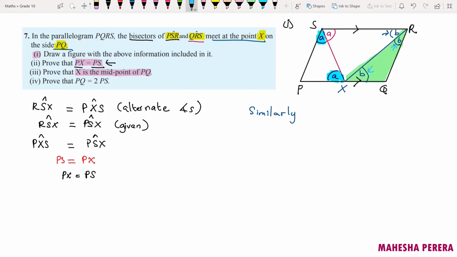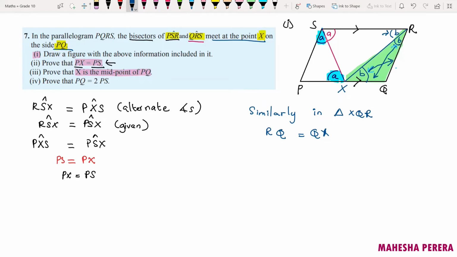So this means this triangle is an isosceles triangle, right? In triangle XQR, RQ equals QX, right? If you consider this angle, the opposite side is RQ or QR. Now, if you consider this angle, the opposite side is QX.